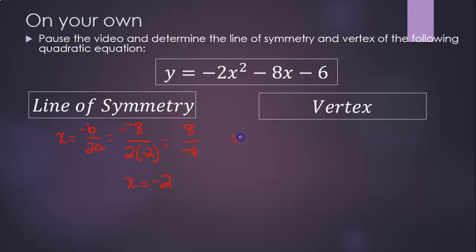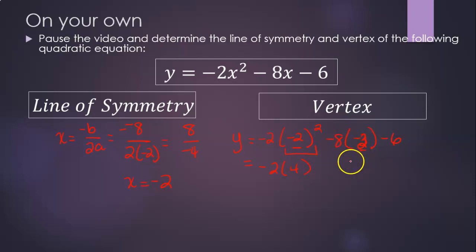Now you want to be real careful when you're substituting in with all these negatives to find the vertex. I always use parentheses to show what I'm substituting, and you really want to think through your order of operations here. For example, inside parentheses comes first, but there's nothing to do inside. That means exponent comes next. I don't do negative 2 times negative 2 here. I do negative 2 squared, which is negative 2 times negative 2, which is positive 4.